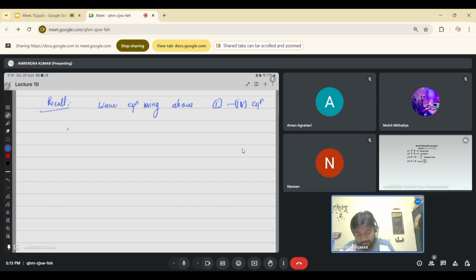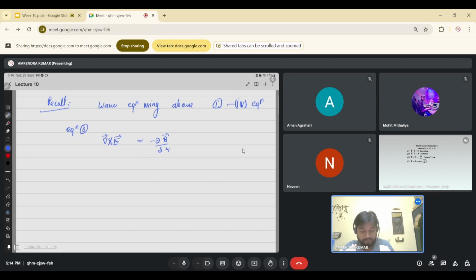So equation 3 is given as del cross E is equal to minus del B over del t.